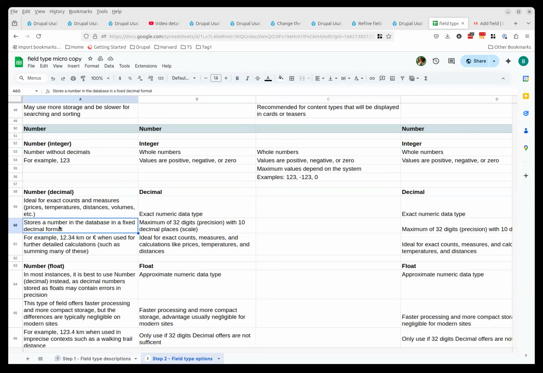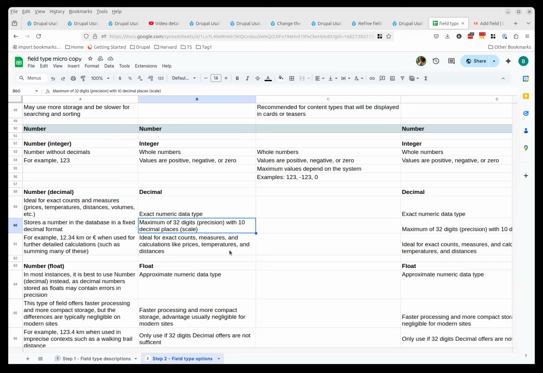I guess something like this, a fixed decimal format. And these are different from floats. So you typically wouldn't have 1.23 times 10 to the 32nd. You would use a float for that.